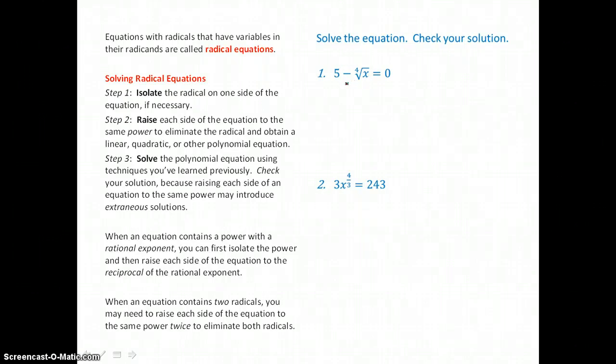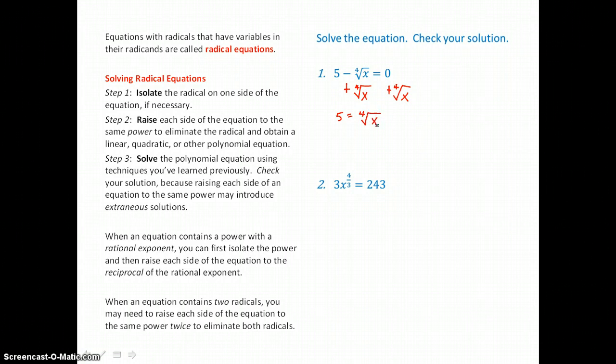So I'm going to start by adding that fourth root of x to both sides of this equation, so that I have 5 is equal to the fourth root of x.